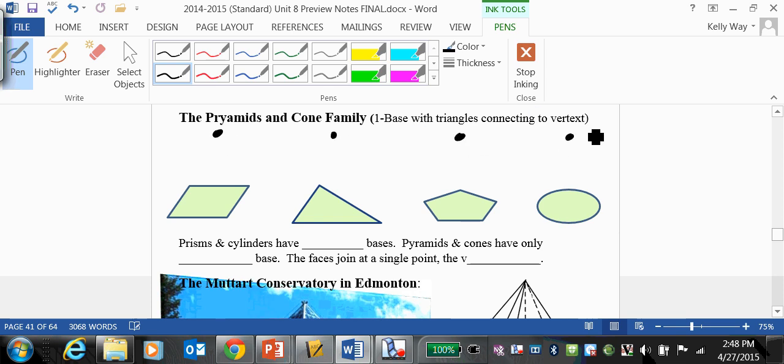That's a vertex. The way we draw this is you just connect the corners to the vertex. And remember, the edges that you can't see, you need to dot. So those back edges, we dot.